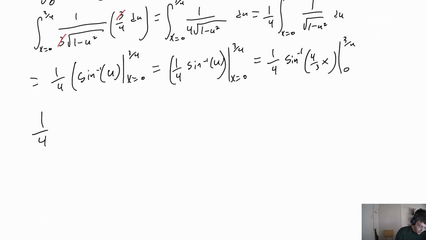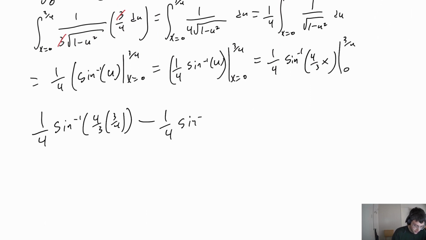We get 1/4 times the inverse sine of 4/3 times 3/4, plugging in x equals 3/4, minus whatever I get when I plug in 0, 1/4 times the inverse sine of 0. Okay, 4/3 times 3/4, that's just going to give me 1.